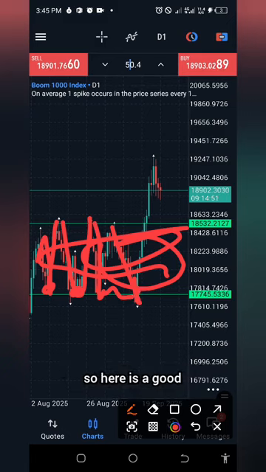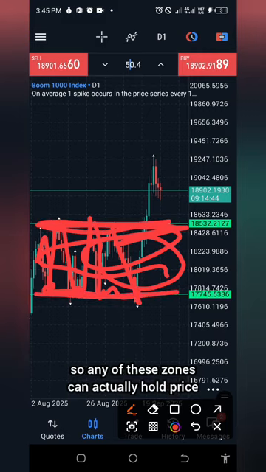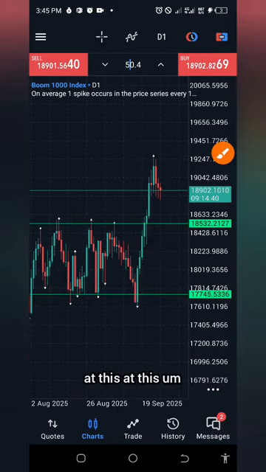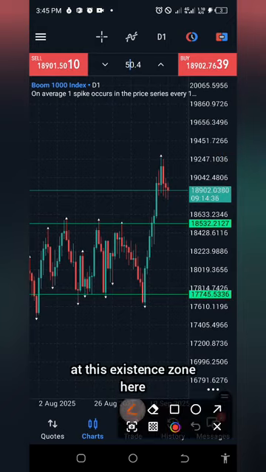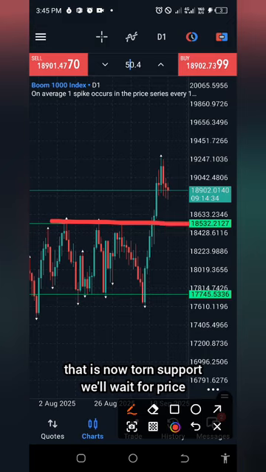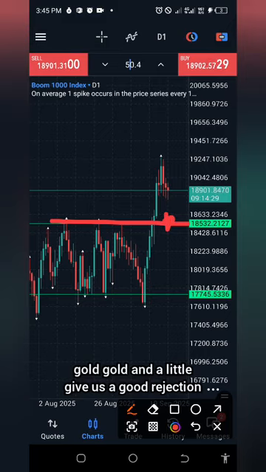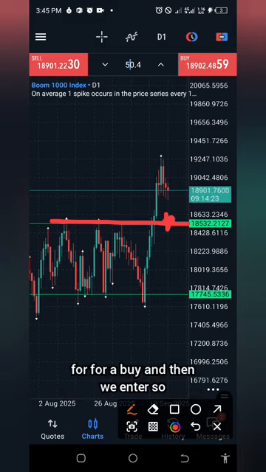So here is a good resistance zone. Here is a good support zone. So any of these zones can actually hold price. So currently, at this resistance zone here that has now turned support, we'll wait for price to hit this zone, go down a little, give us a good rejection, give us a good signal for a buy, and then we enter.